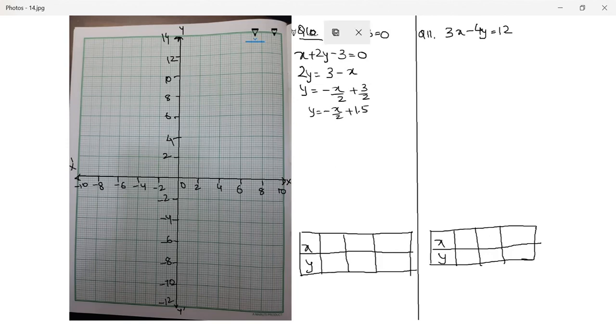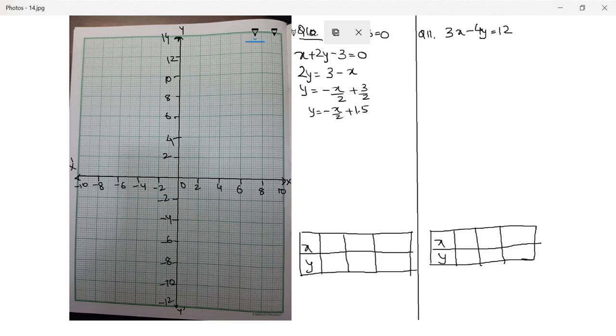This is basically it. My slope is negative, so it will slide this way, and my c, which is y-intercept, is 1.5, which means it will pass from somewhere here. This is 1, this is 1.5, somewhere here it will pass from.